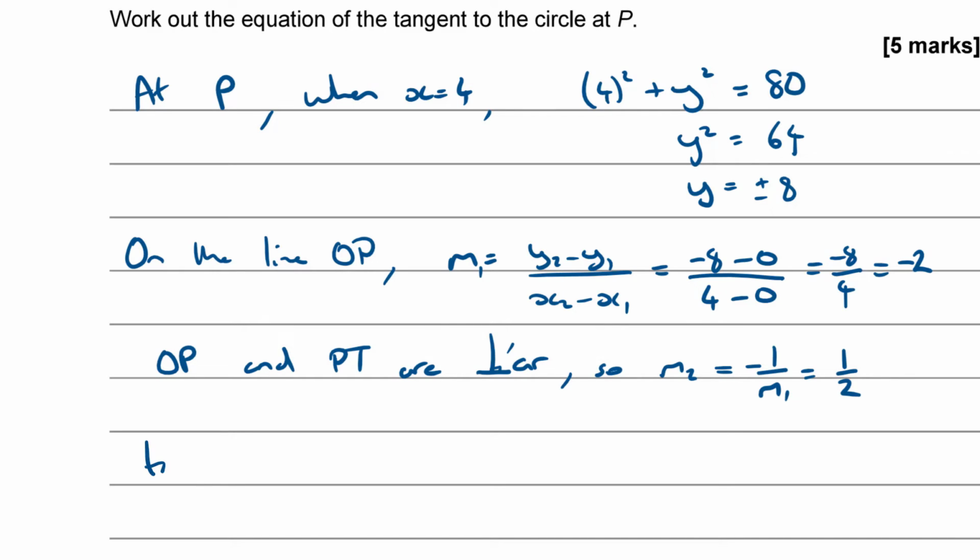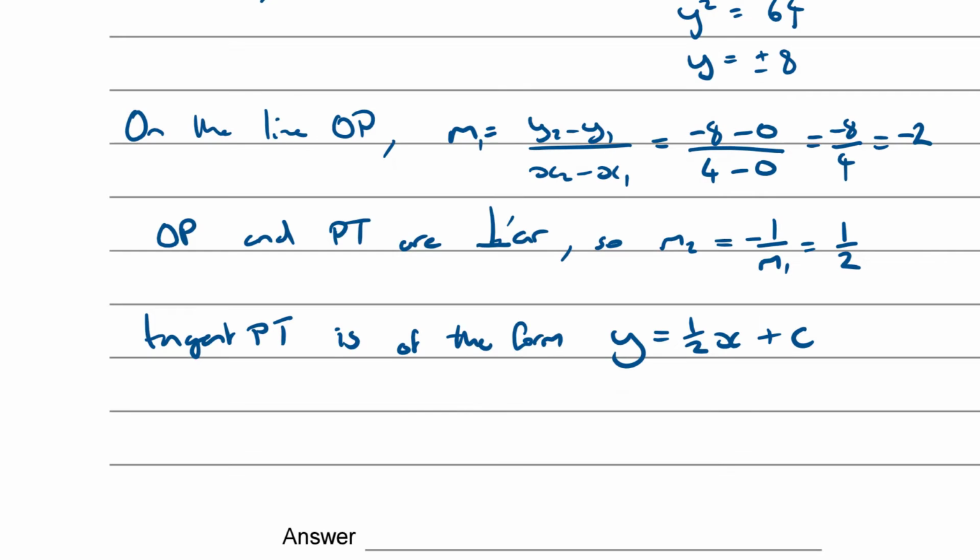So tangent PT is of the form y is equal to a half x plus c, because I know the gradient now is a half. All I need to do now is to find the y-intercept, and to find the y-intercept I could just sub in my point that I know.